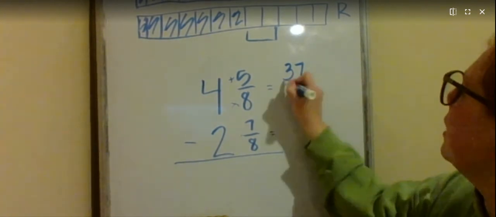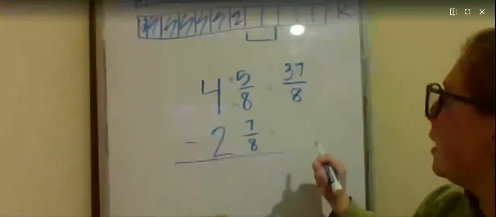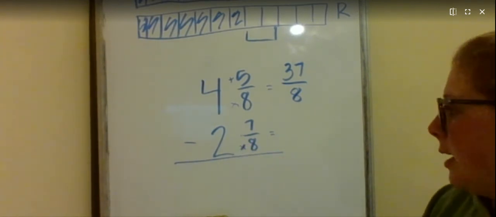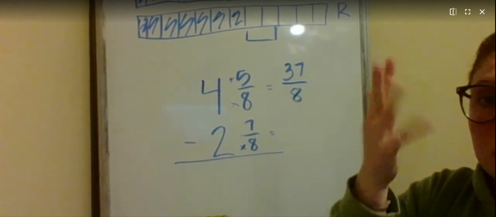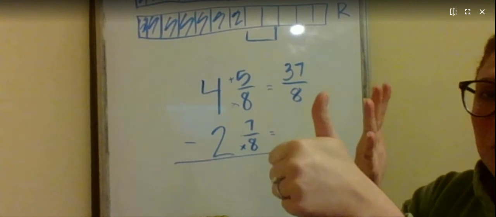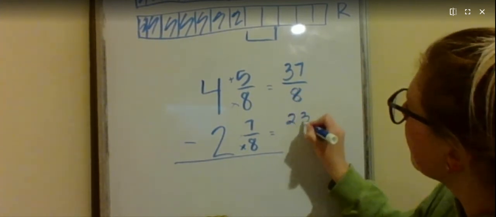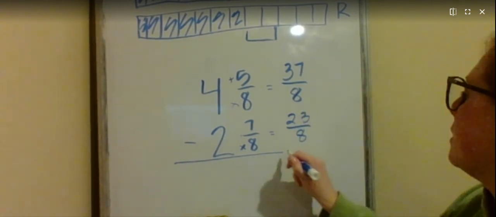So 37/8. And then I'm going to have 8 times 2, which is 16, and then add 7. 17, 18, 19, 20, 21, 22, 23. 23/8.